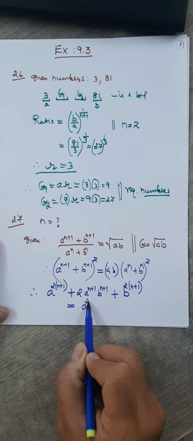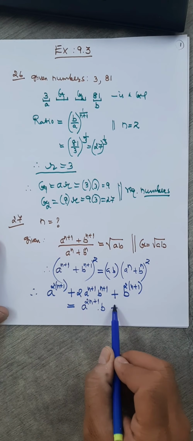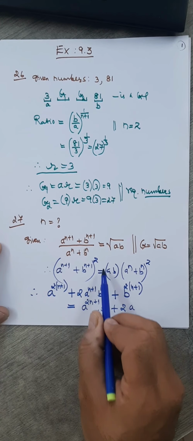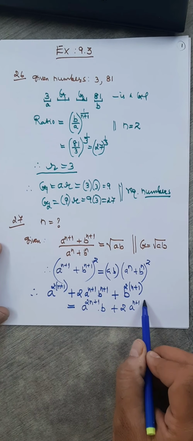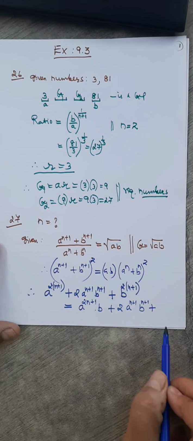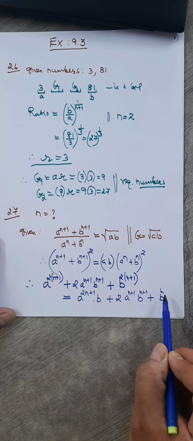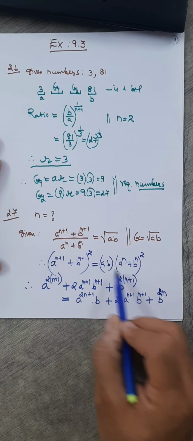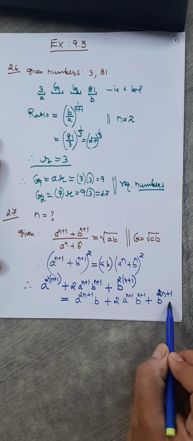So a raised to 2n plus 1 into b, plus twice a raised to n plus 1 into b raised to n plus 1, plus what will be the last term here? B raised to 2n. B raised to here, what will we get? The 2n. But once you take this inside, plus 1, the power will increase by 1, into a.